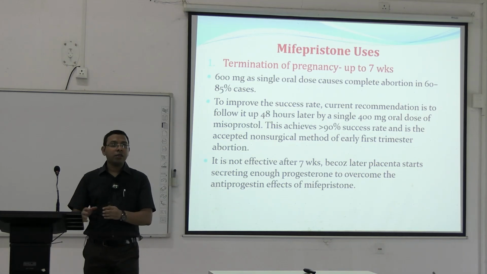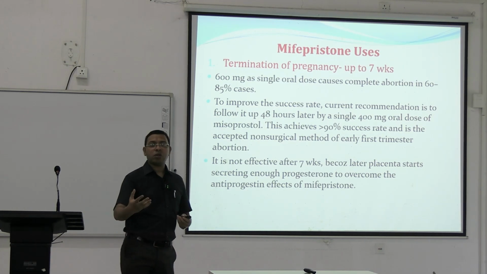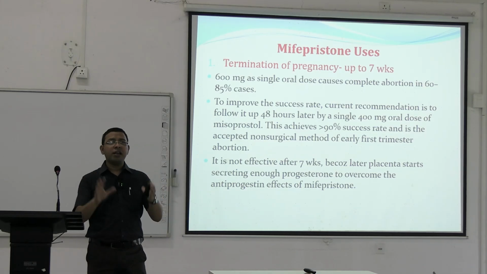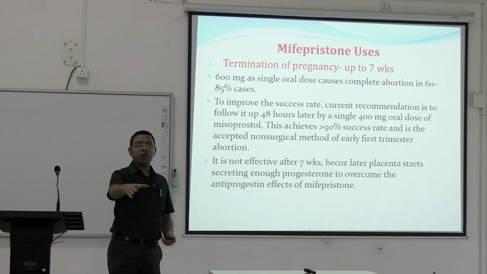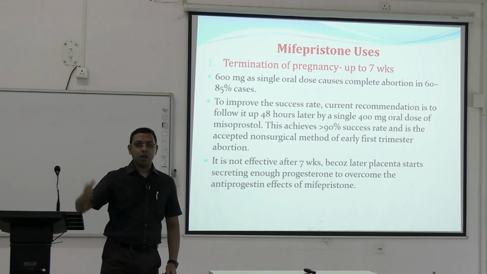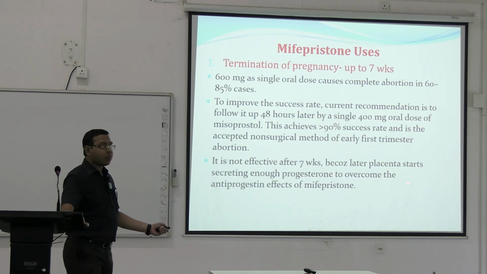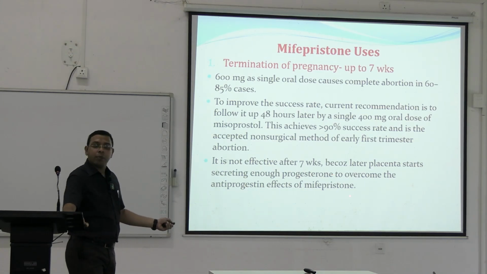But after 7 weeks, the placenta takes over the synthesis of progesterone. So a large amount of progesterone is secreted. So even if we are using mifepristone, it cannot antagonize the progesterone receptors and the blastocyst cannot be detached and expelled. So after 7 weeks, the placenta secretes enough progesterone to overcome the antiprogestin effect of mifepristone.